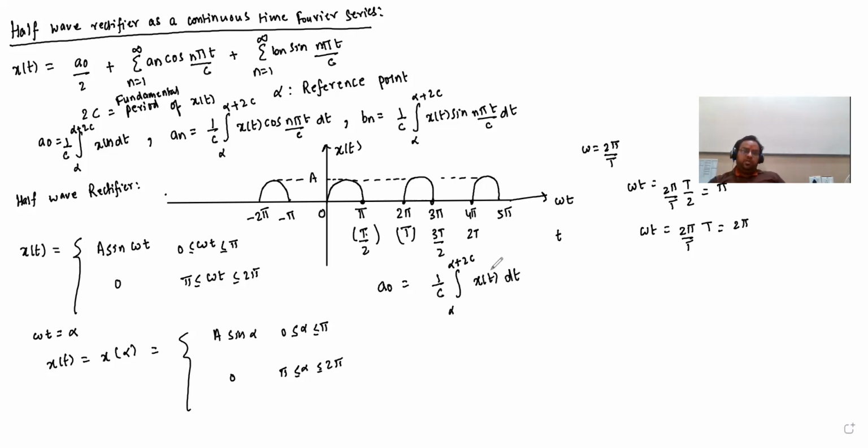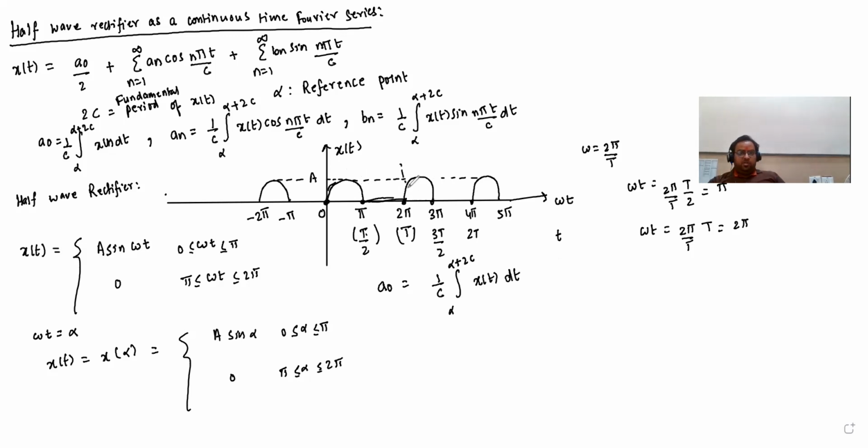Okay, so now see here, what is the period of this waveform? You can see what is the fundamental period. The fundamental period is the smallest time period after which this waveform is getting repeated. So you can see that this part and this, then this part and this.